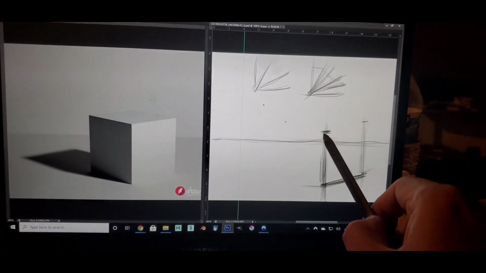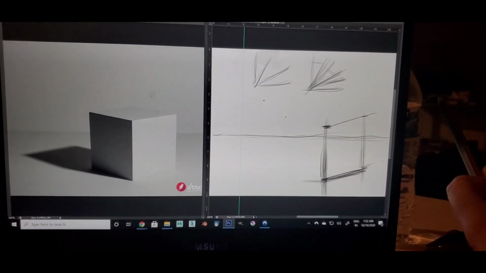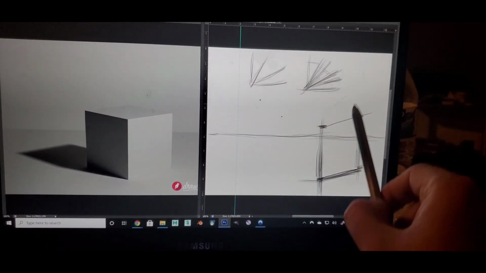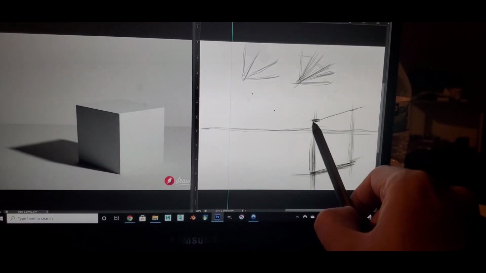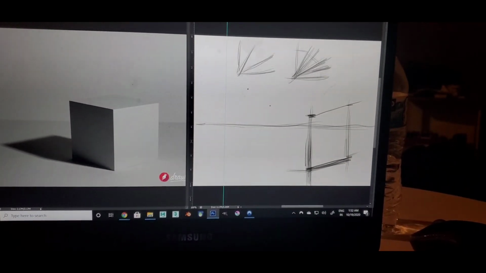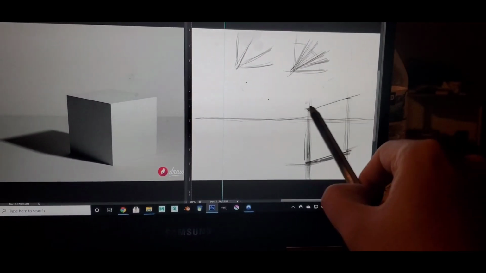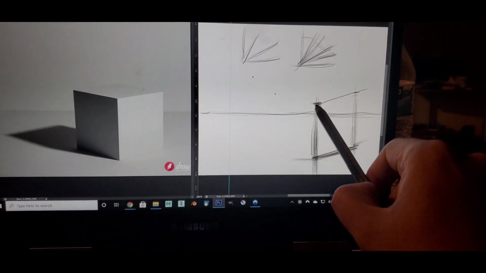So if I join this line, see, this is not going to meet towards the vanishing point. So I know for sure, even without looking, if this line is going somewhere here, this line has to go somewhere here. So this mark, I have to push it down. It is somewhere here.